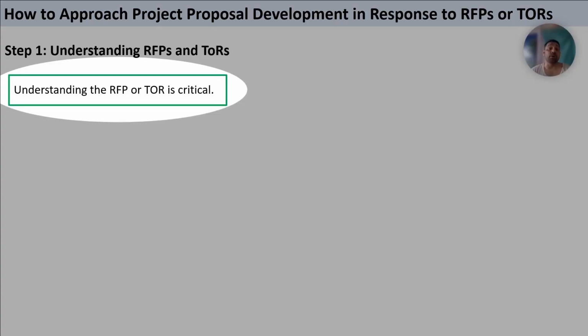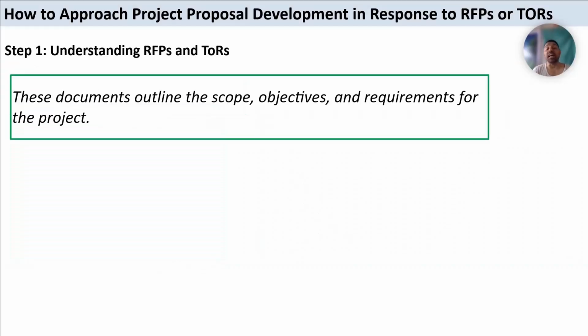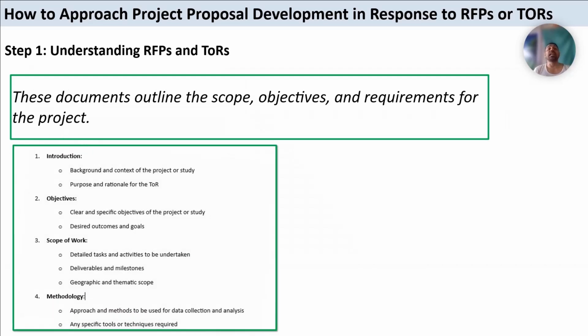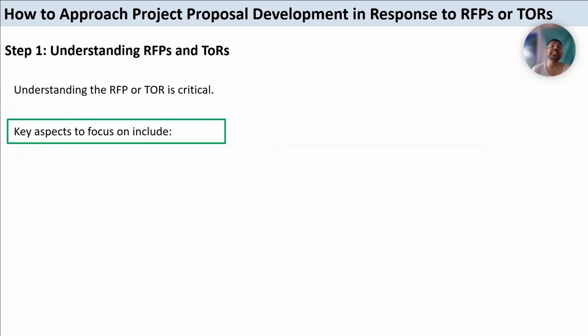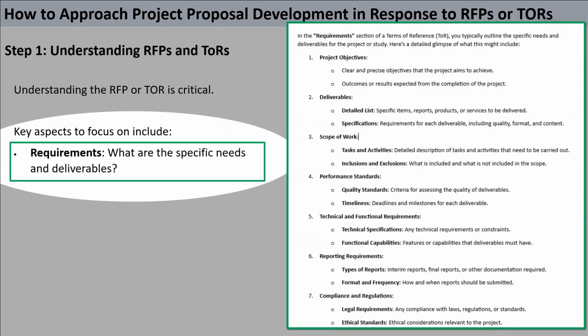Understanding the request for proposal or ToR is critical. Why? Because these are the documents which outline the details of the scope, objectives, and requirements of the project. The key aspects that we need to focus on while reviewing the ToRs or the request for proposal are basically requirements. What are the specific needs and the deliverables?